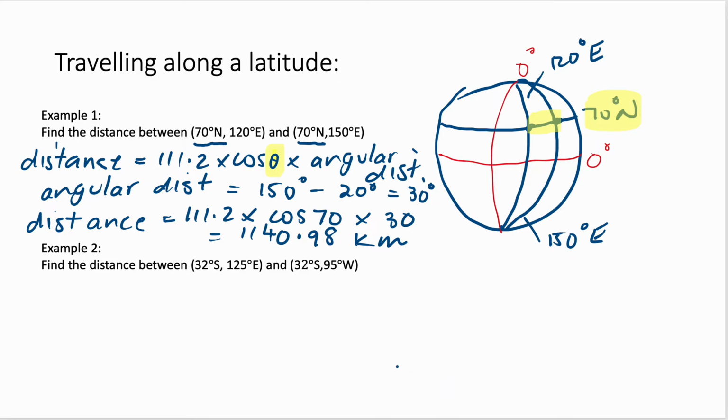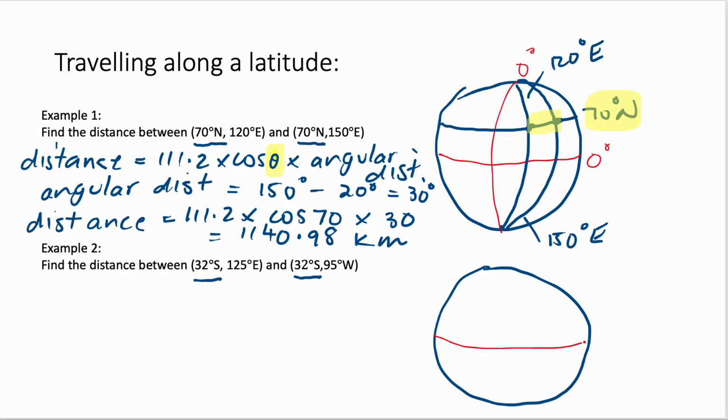Okay, next example, once again we've got the same latitude. This time it's 32 degrees south. So we'll draw our diagram, pop in the equator, pop in the prime meridian.